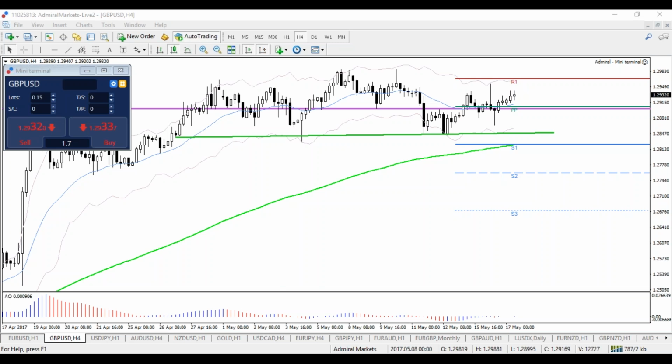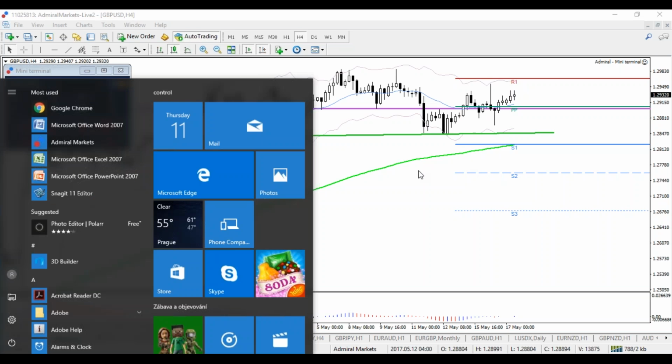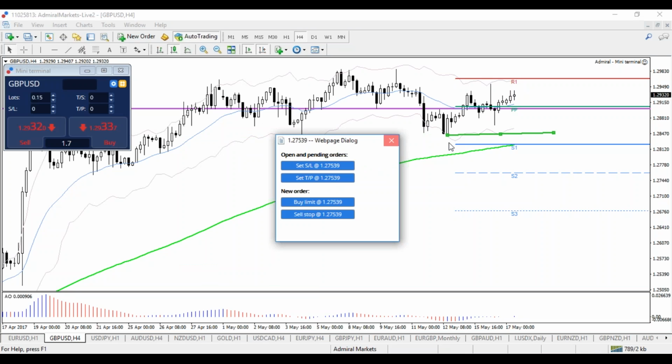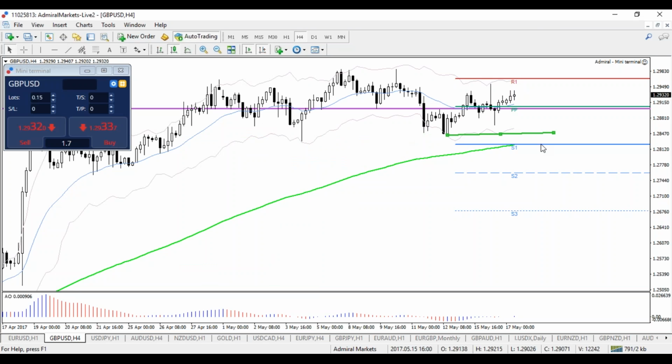At this moment, I would probably not consider downside unless it breaks. Sorry about that, I'm hitting all kinds of buttons by accident as I'm holding my control button. I would probably wait for the break of this trend line for any downside, or at least wait for a break below the pivot point.